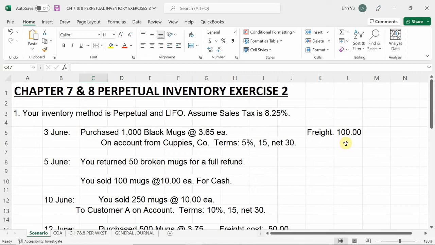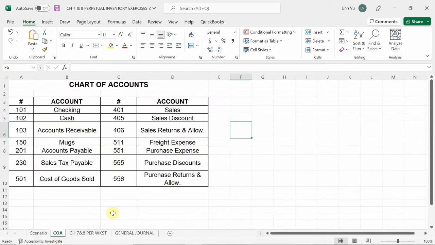So you bought 1,000 mugs at $3.65 each from Cuppies Co. on an account. Terms are 5% 15 net 30, and freight was $100. Let's take a look at the chart of accounts. How am I going to journalize this transaction?